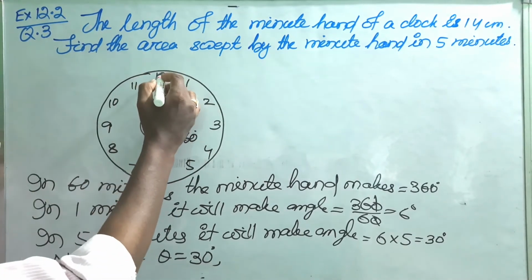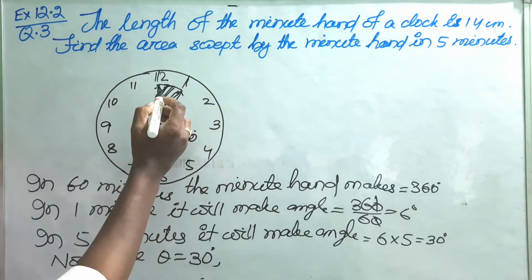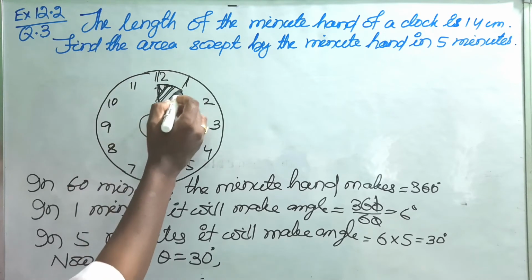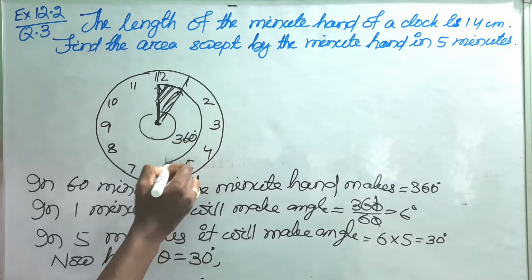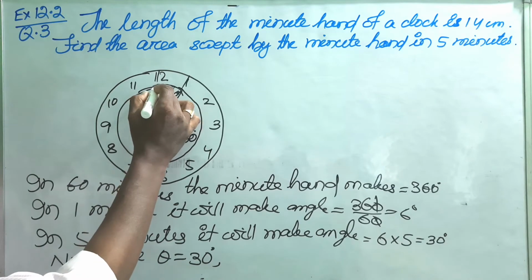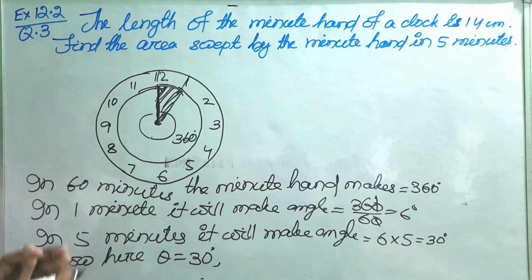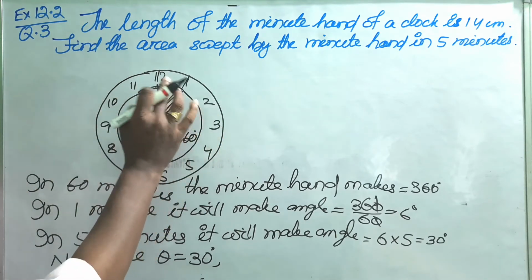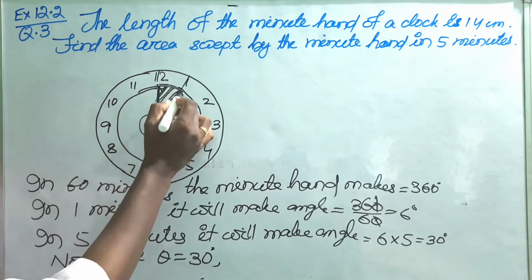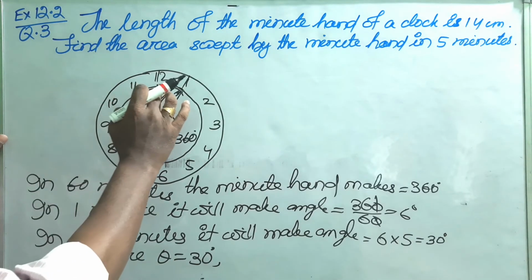You need not take the area up to this circle, because the tip of the minute hand is moving along this path, in a circle. So this portion looks like a sector, since it is a part of this circle, confined between these two radii and this arc. So now this is a sector.